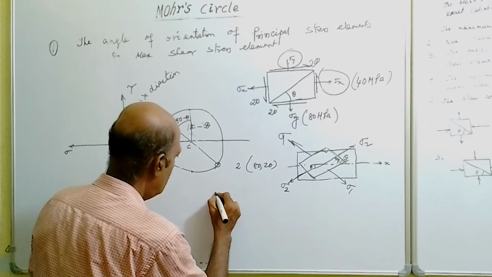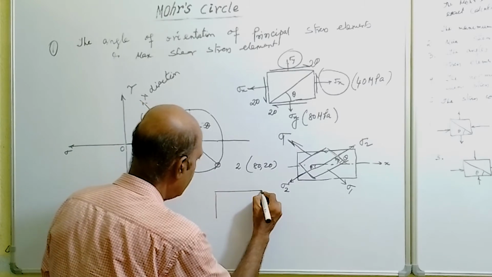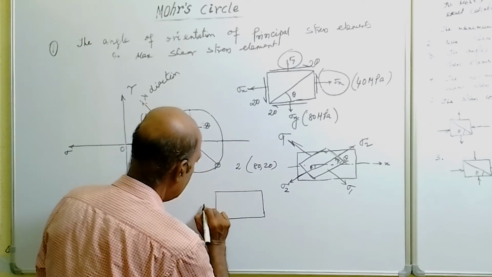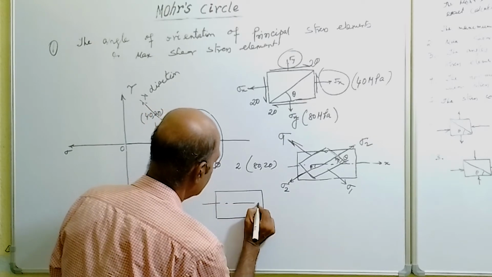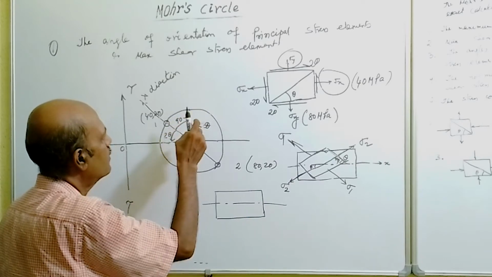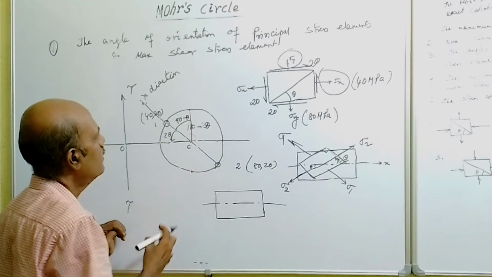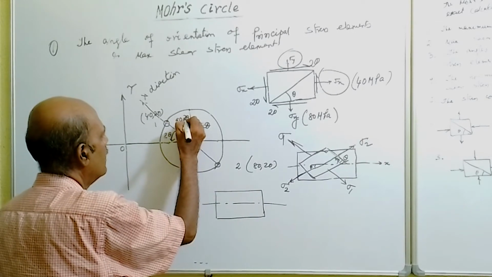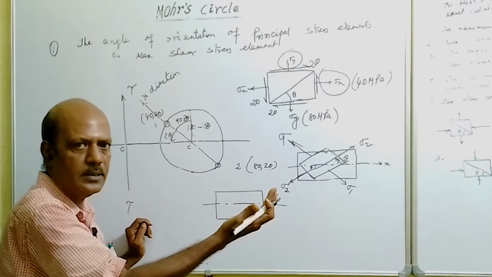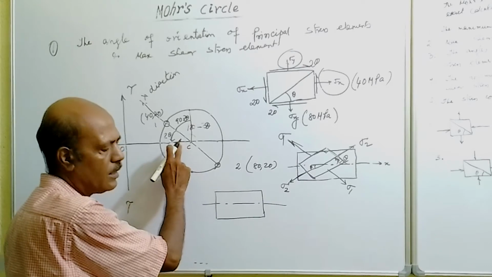So if we draw the body again, say this is the axis. Now the x axis is rotated by 90 minus 2 theta angle in the clockwise sense in the circle.